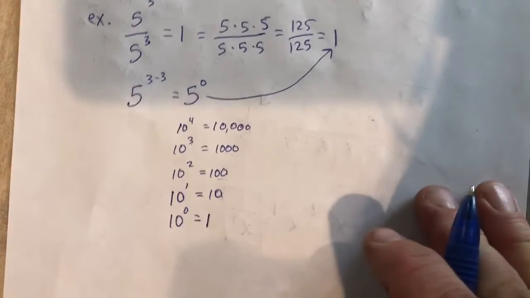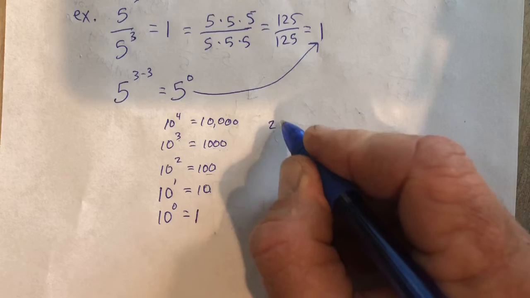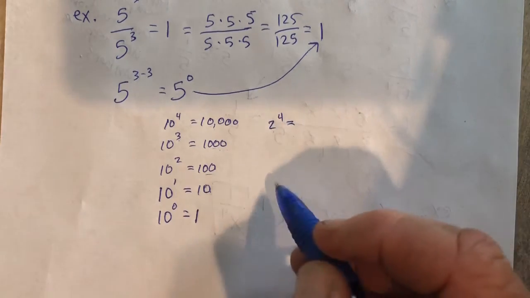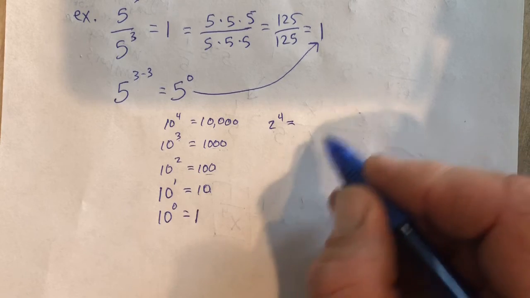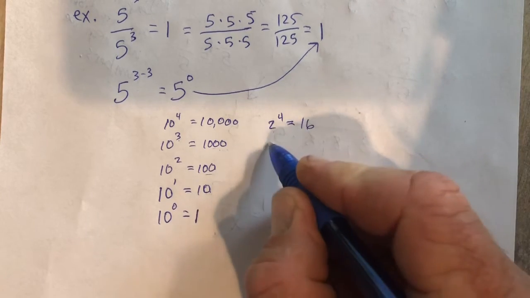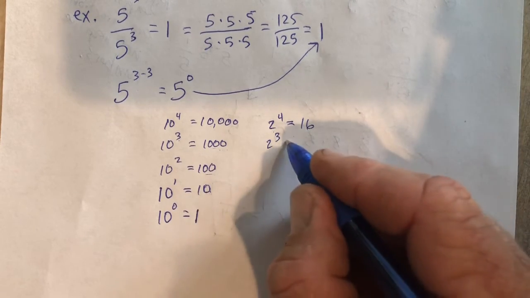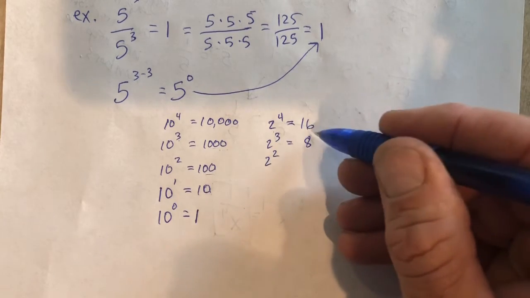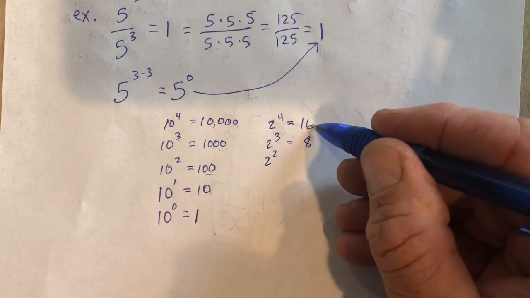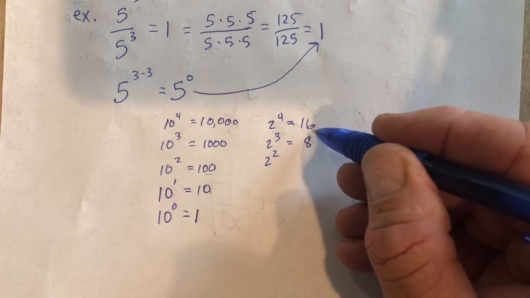You could do the same thing with 2, right? So say 2 to the 4th power, that's 2 times 2 times 2 times 2, so that's 16. 2 to the 3rd power, 2 times 2 times 2 is 8. 2 squared. And as we go through this, you can see as we go this way, you can just take each of these and divide by 2 to get there.